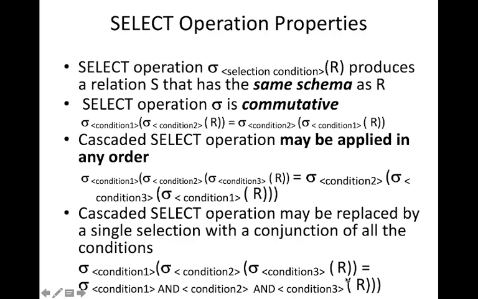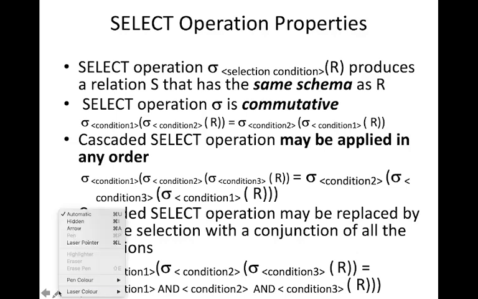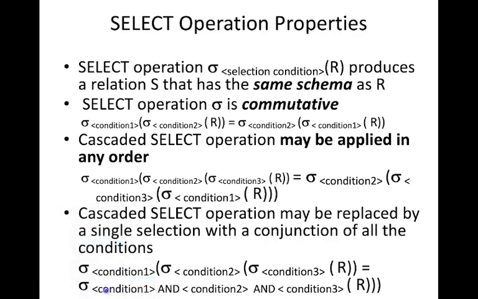We have 3 select conditions, and this can be replaced with a single select operation and a conjunction, an AND operation. So select condition 1 and condition 2 and condition 3 from R. So a cascaded select operation can be replaced like this.